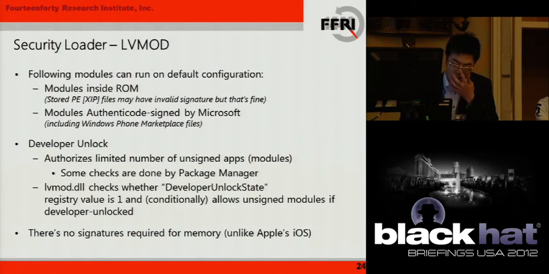This is how Windows Phone Marketplace files actually work. This is good for security, but not good for application developers. So there's also a feature called Developer Unlock. This feature authorizes a limited number of unsigned applications running according to a specific registry value.